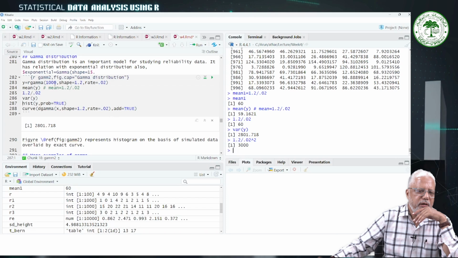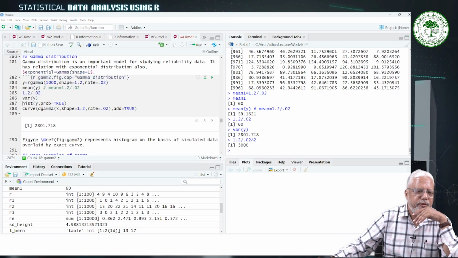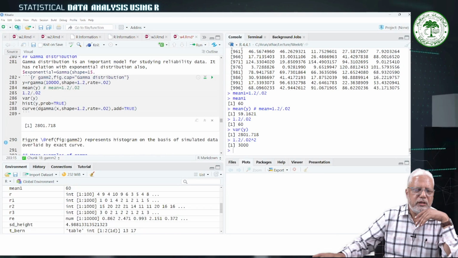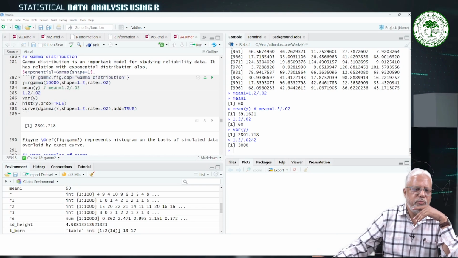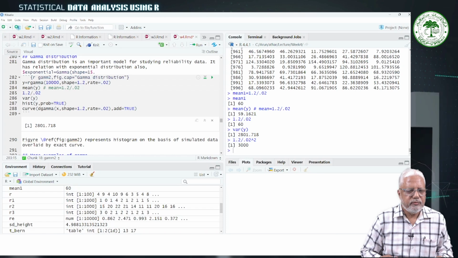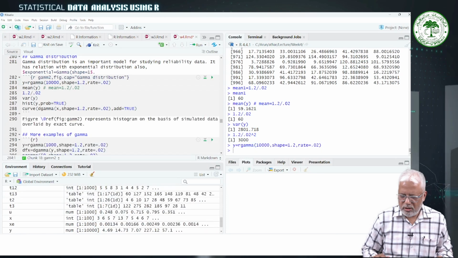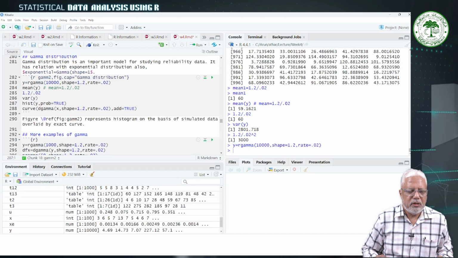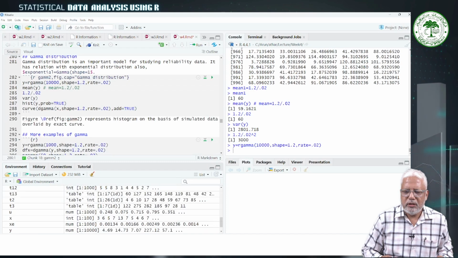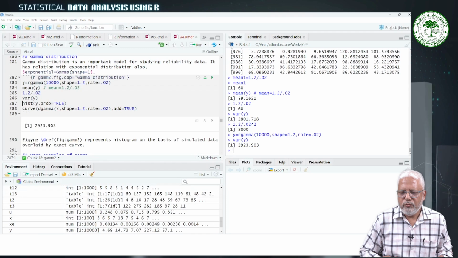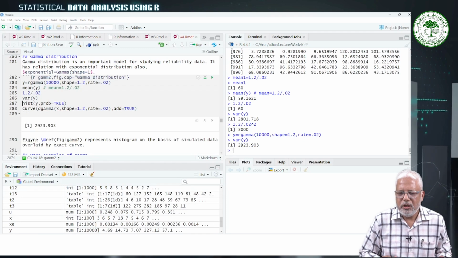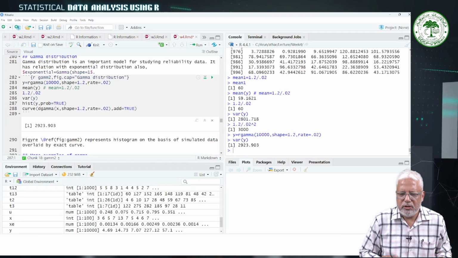But these things can be improved if we get more simulations. Say for example, instead of 1000, suppose we are simulating 10,000 variables. Then see what happens to the variance. Variance is 2923. So it is very close to 3000.